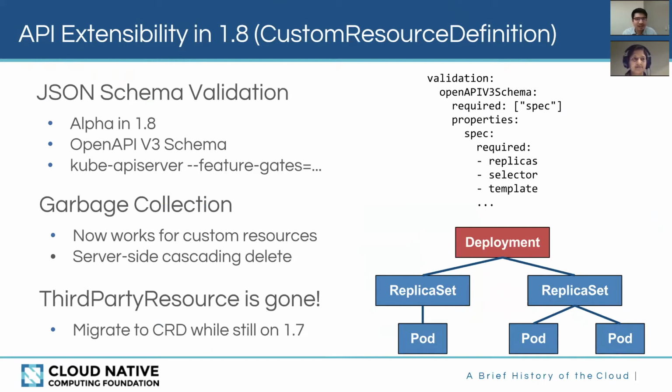All right, so hopefully that's a little bit more of an explanation of what custom resource definition is and how it helps you. Now I'm going to talk about what's new in 1.8 for CRD, custom resource definition. One of the biggest things is an alpha feature called JSON schema validation. As I mentioned, with an API server, if you're writing the whole thing, you can do any code you want for validation.